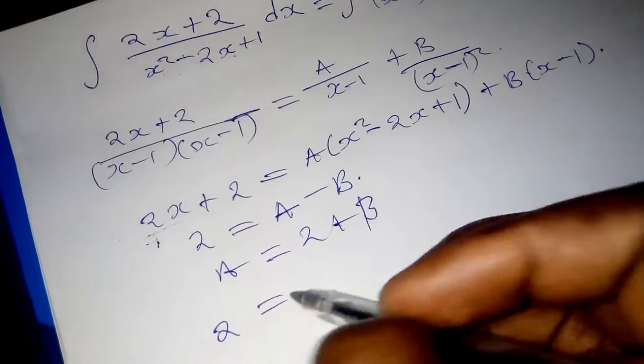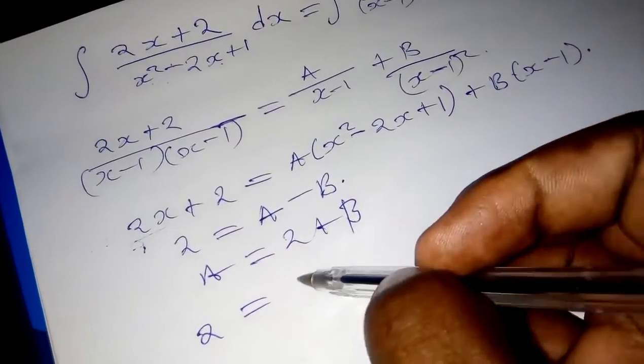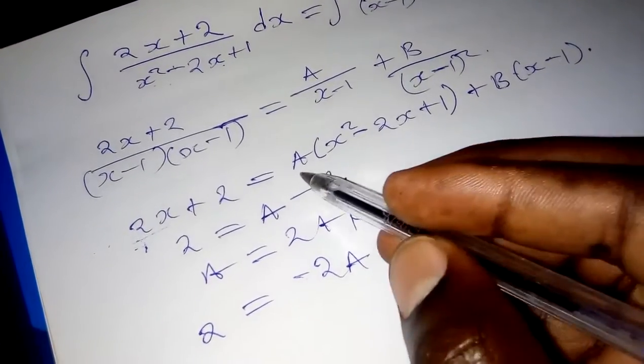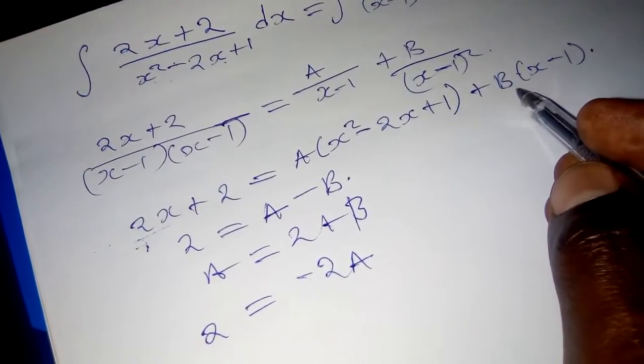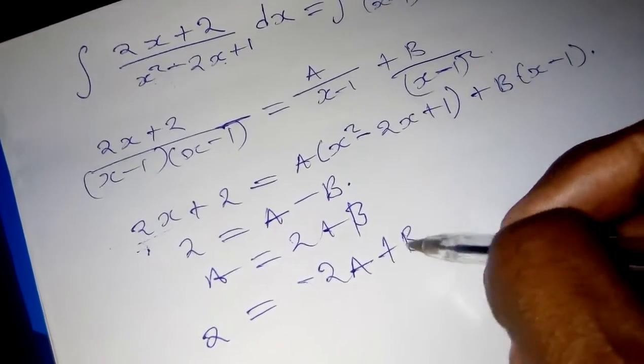We have 2 on this side, then the term with x on this side, we have negative 2A. We also have B, so it's going to be plus B.